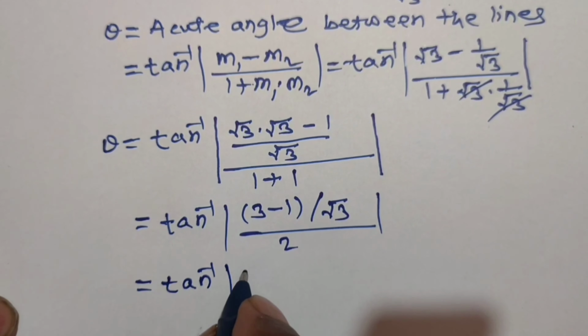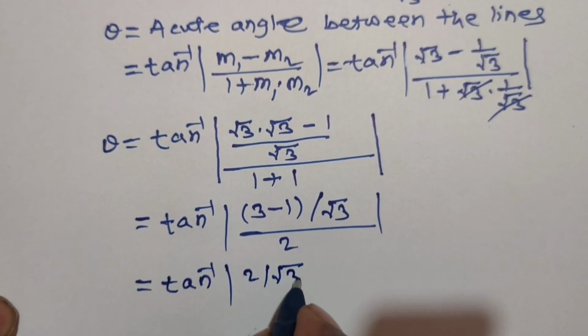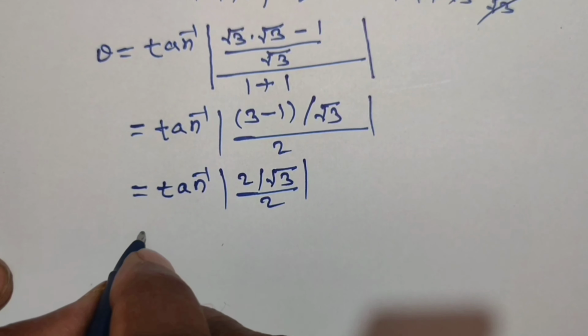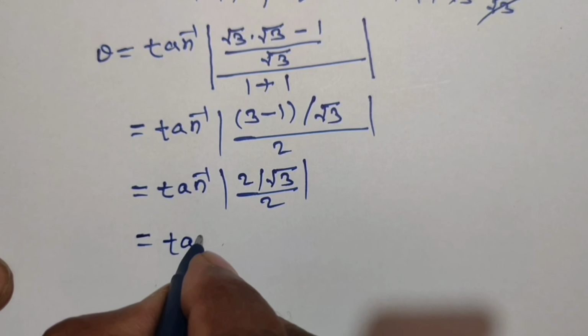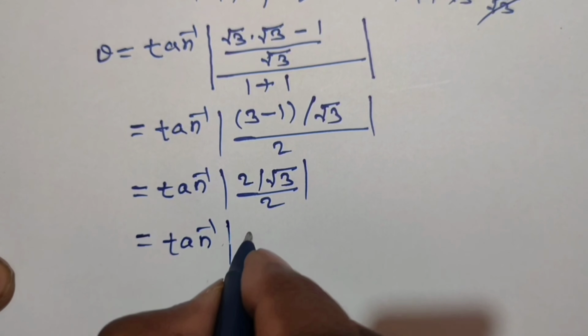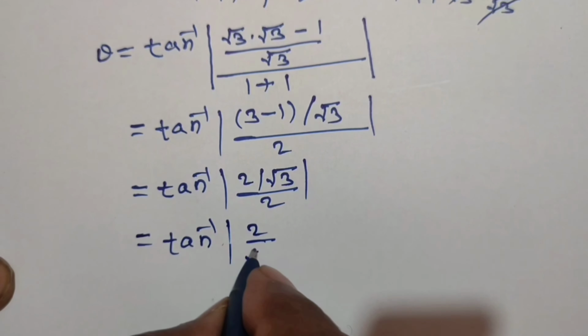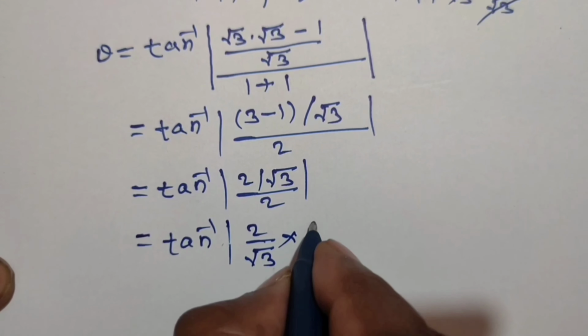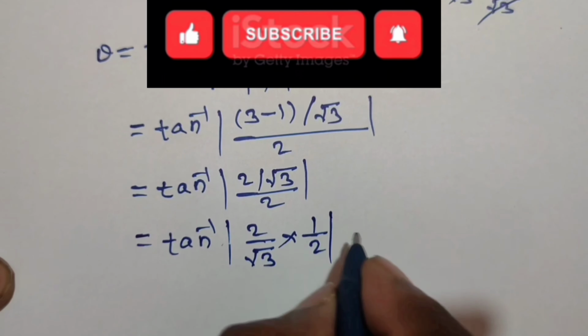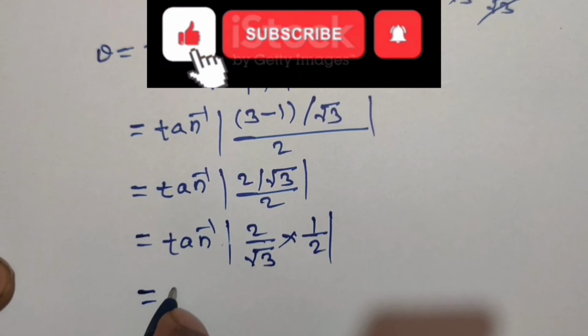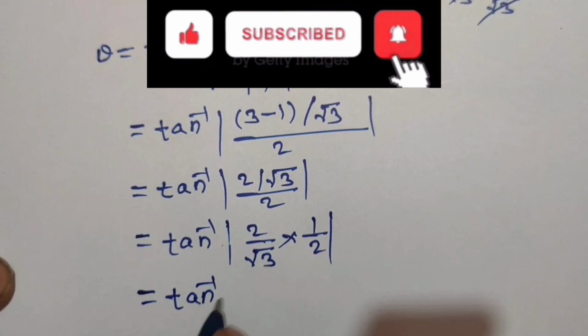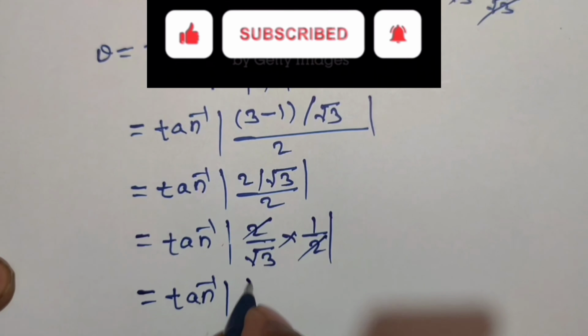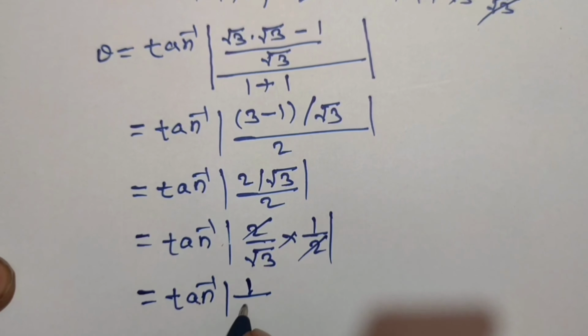Hence tan inverse modulus of 2 upon root 3 divided by 2, which is equal to tan inverse 2 upon root 3 into 1 upon 2. 2 gets cancelled. Hence theta is equal to tan inverse 1 upon root 3.